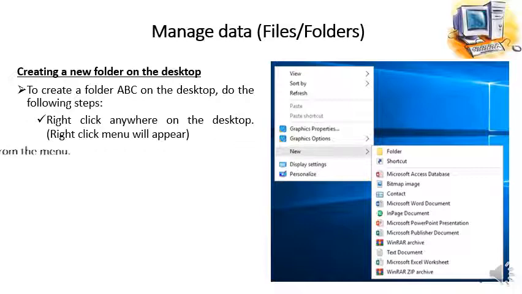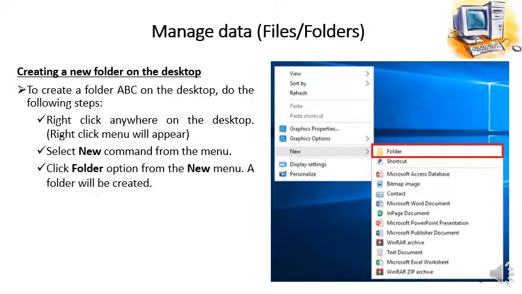Inside the menu we can see a new command. Whenever we place the mouse on the new command, another window will appear. Click folder option from the new menu. Under the new menu there is a folder option which is enclosed inside a red rectangle.